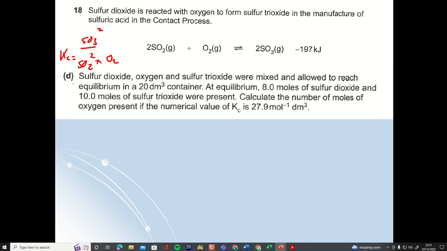The question tells me that sulfur dioxide at equilibrium, so let's go ICE here. I've got a 20 dm cubed container.